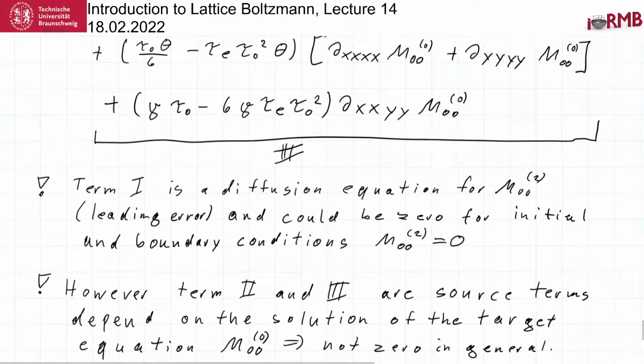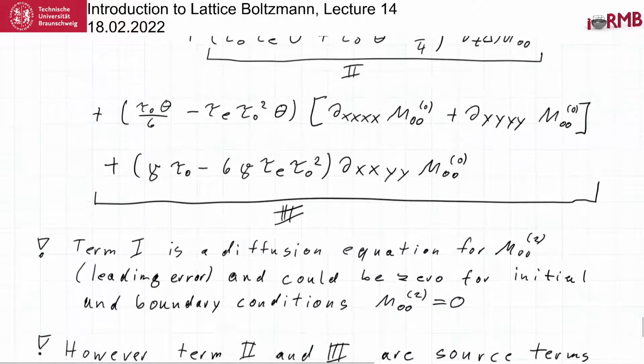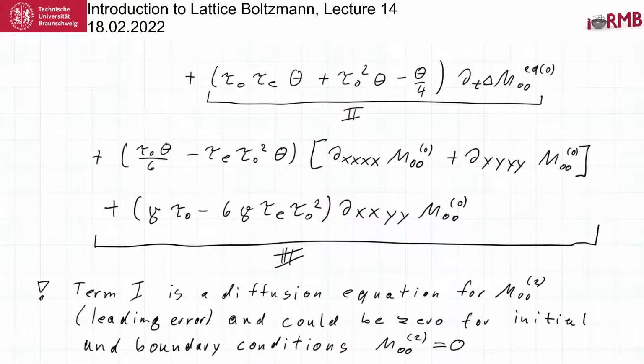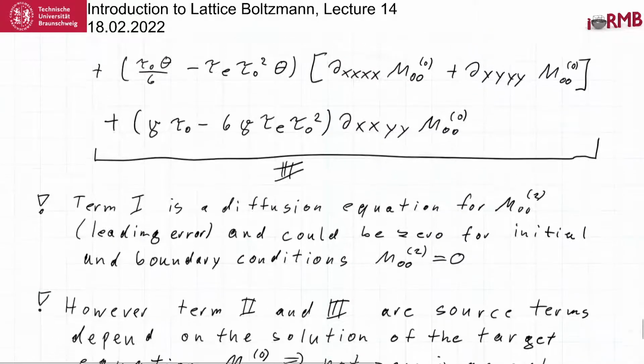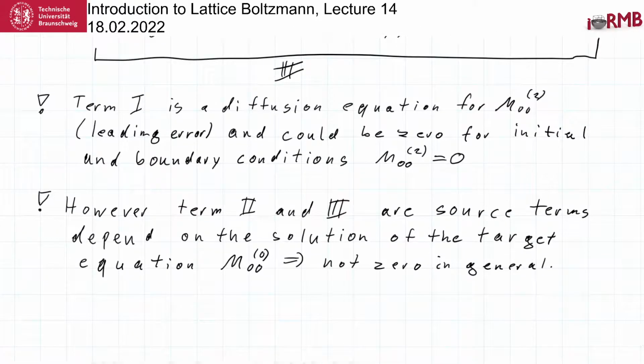Now these two terms are different. 2 and 3 are different in that the term 2 includes a temporal derivative and the term 3 does not. Yeah, and this is something that we are going to use now.